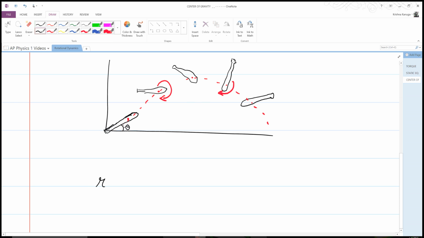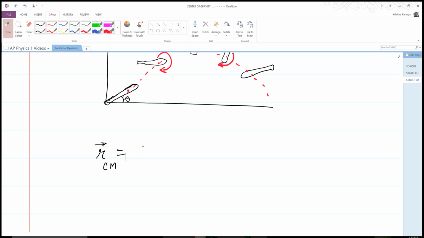Okay, so let us see how to calculate the center of gravity. I'll give you first a vector relationship. But before this I need to tell you a couple of things.